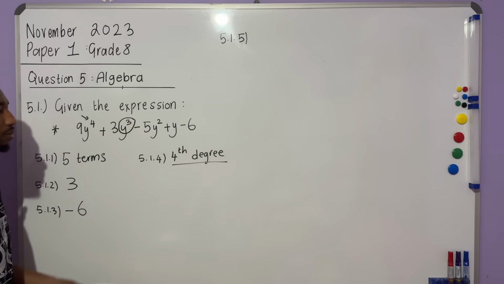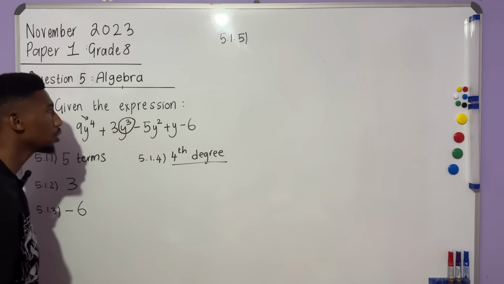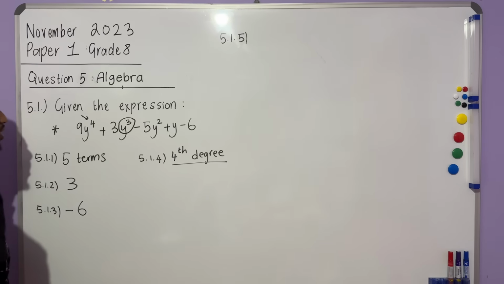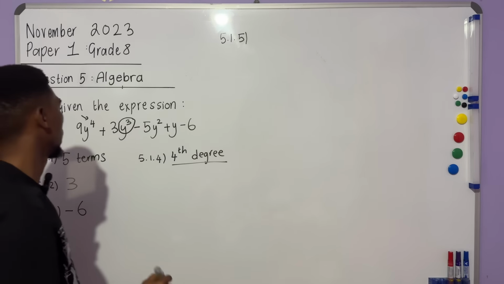For our next question, calculate the value of the expression if y is equal to minus 1. Now we know that this is an expression with the letter y. Now that we do know what is existing in this letter y, we have to replace all of these y's with minus 1 inside brackets.